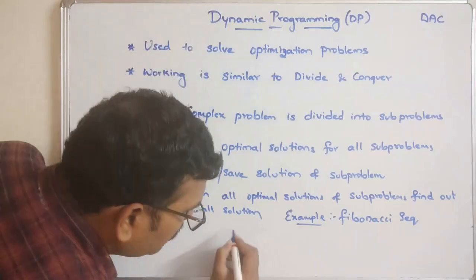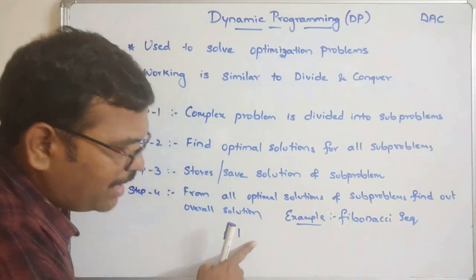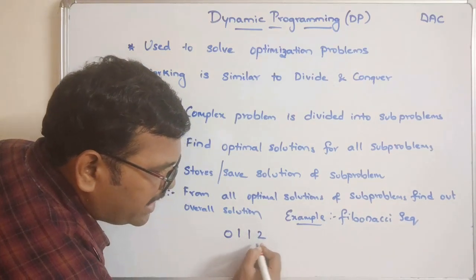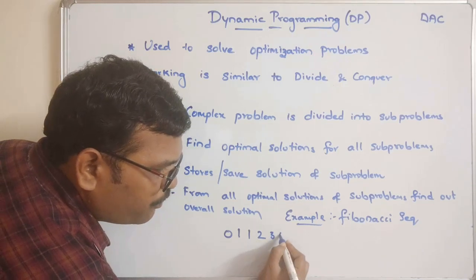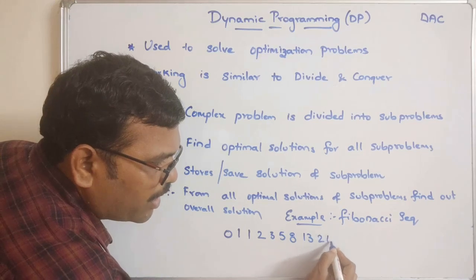For example, if the first element is 0 and the next element is 1, the next element will be 1 plus 0, which is 1. Next element is 1 plus 1, 2. Next is 2 plus 1, 3. Next is 3 plus 2, 5. Next is 8, next 13, 21, etc.